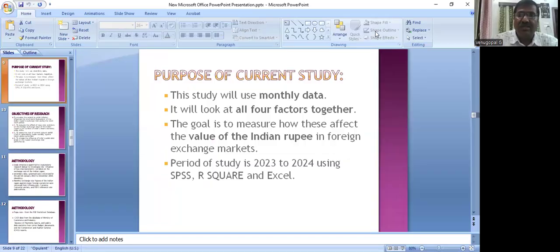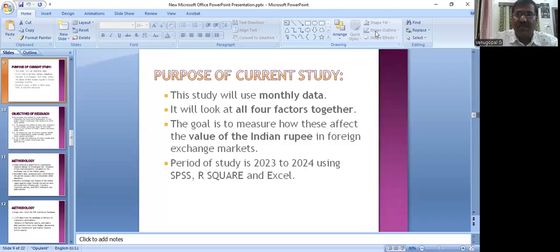Purpose of the study is we will mainly study the dependent variable, foreign exchange rate, which will be dependent on the current account deficit, trade, and other factors we will also take into consideration, but I have taken only four factors, sir.